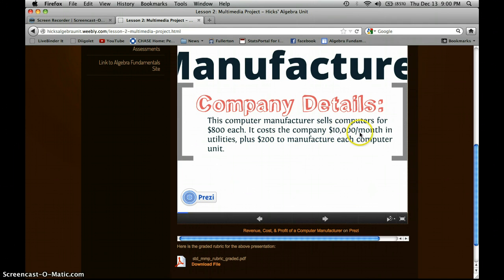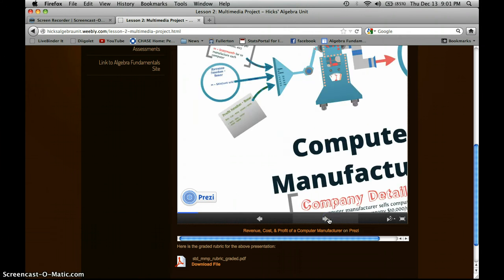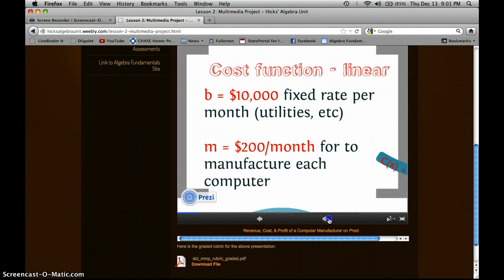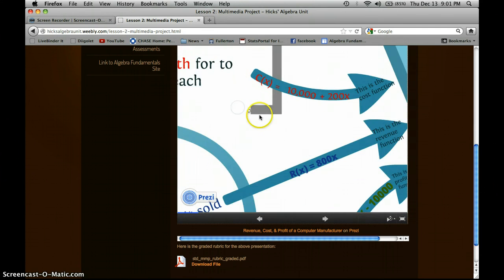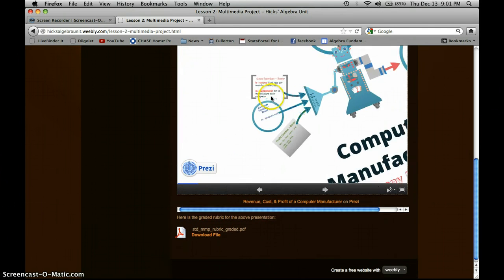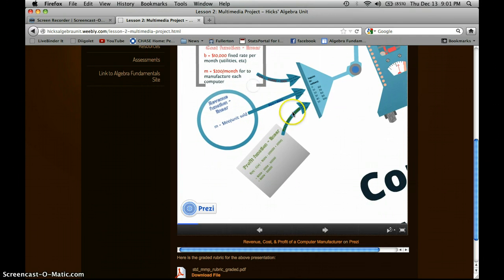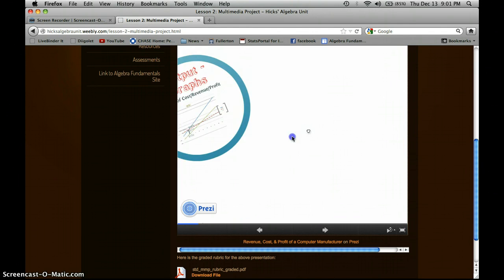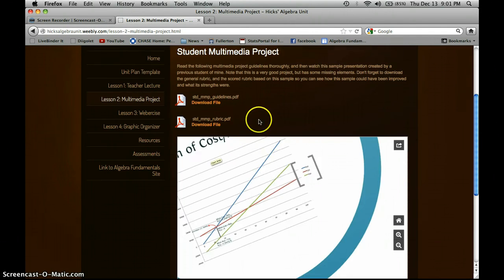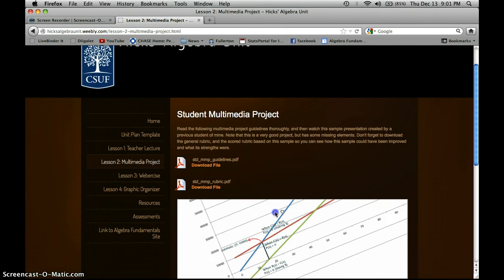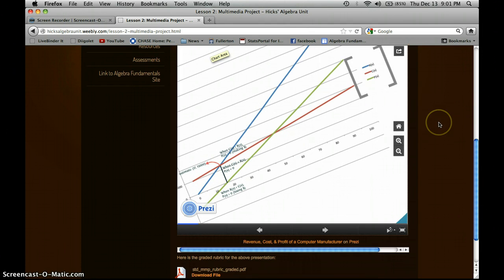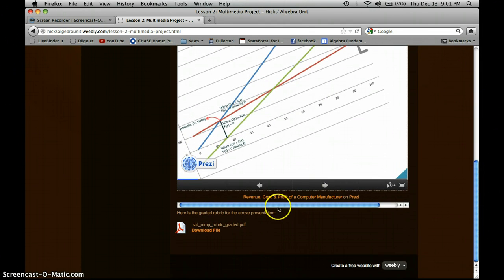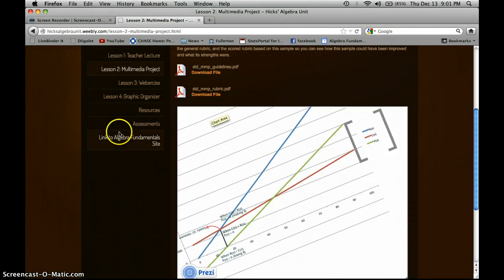It costs the company $10,000 a month plus $200 to manufacture each computer unit. So this student pretty much created a cost function, and in the end they got the cost function, the revenue function, and the profit function, and then they created a graph for it. That's just the Multimedia Project. And then I got the graded rubric there also.